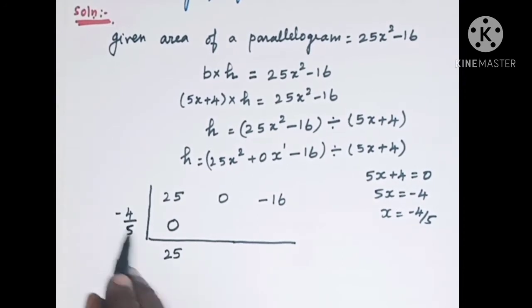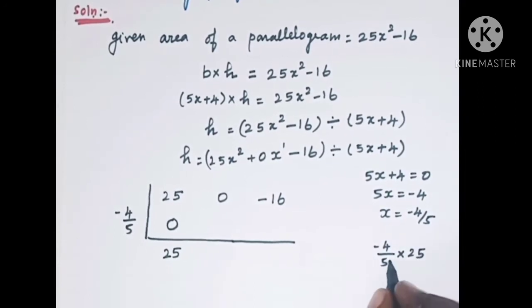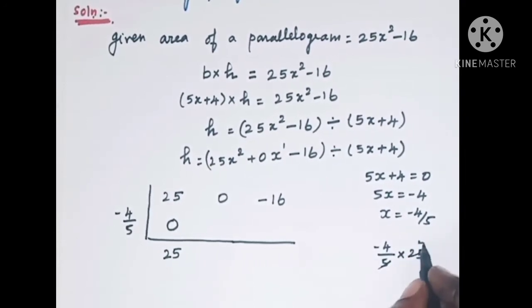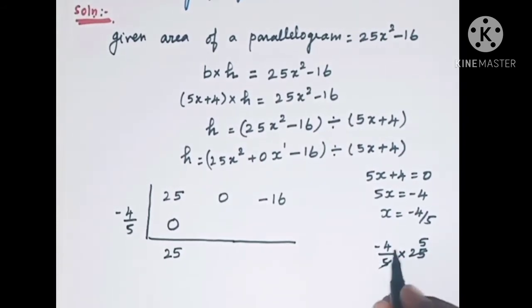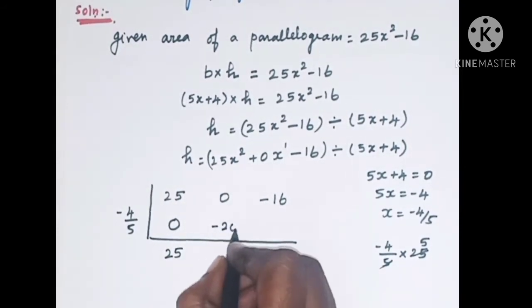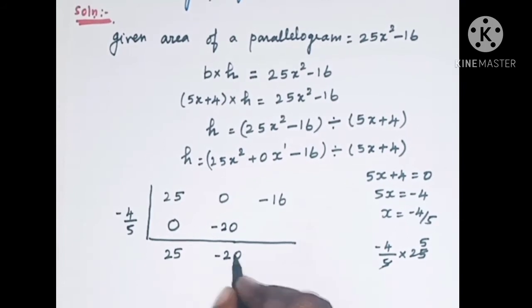Now we have to multiply these two terms. Minus 4 by 5 into 25. So multiplying these two terms we will get 5. 5 5s are 25, so minus 4 into 5 is minus 20. So write that minus 20 in this place. So 0 minus 20 will become minus 20.